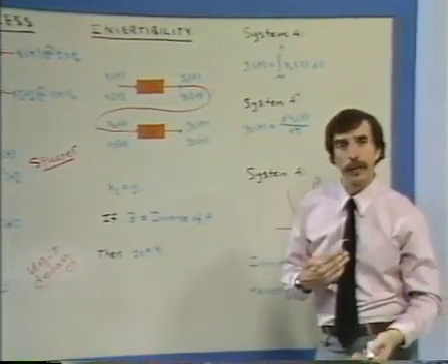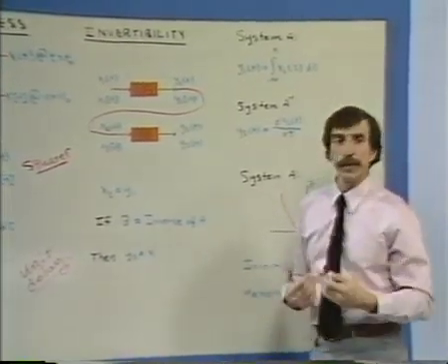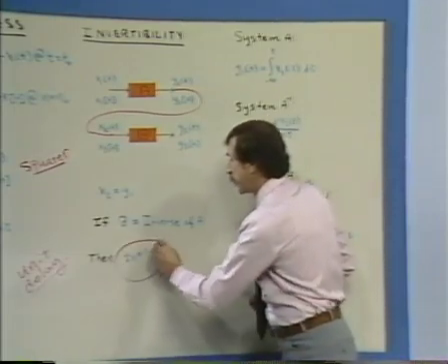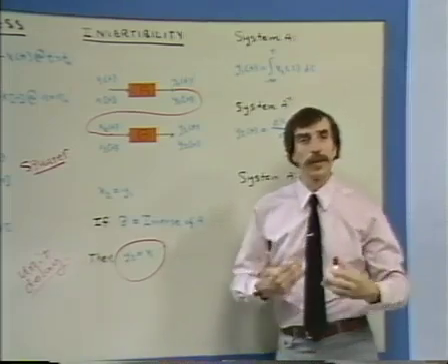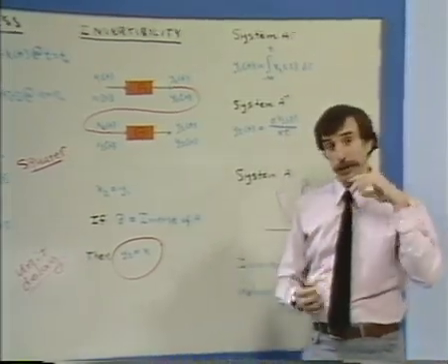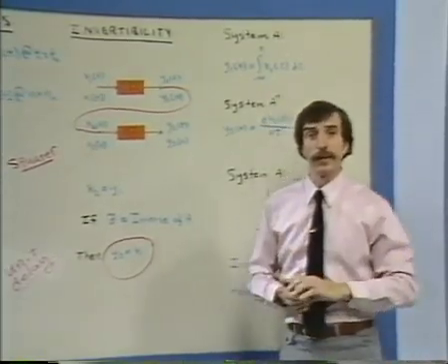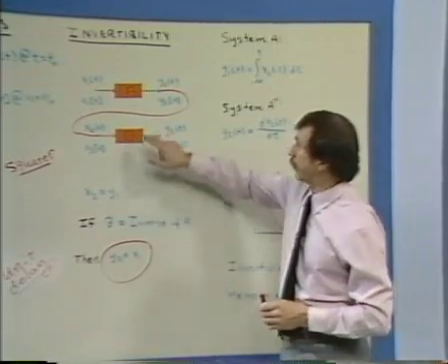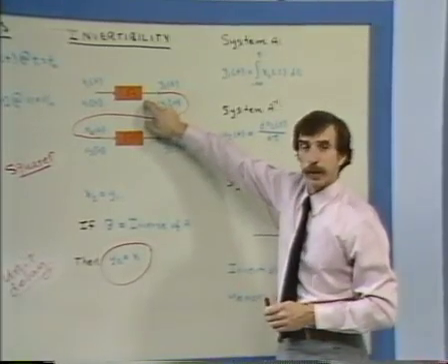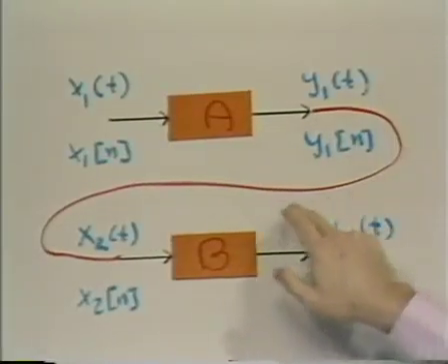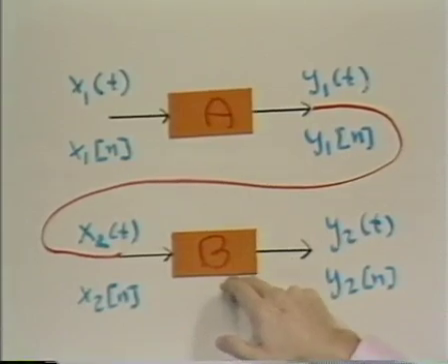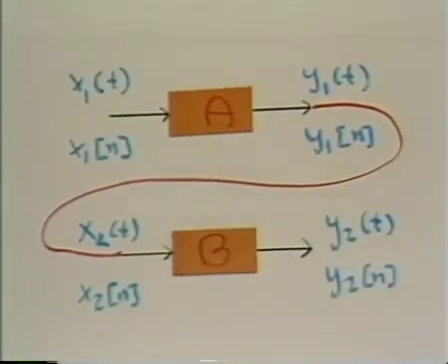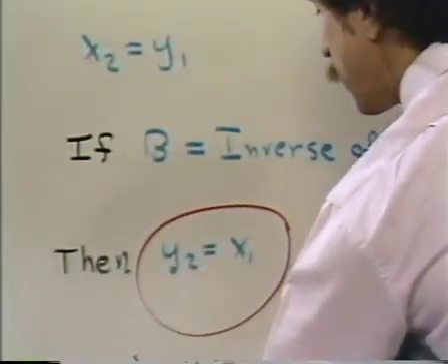And if system A is invertible and system B is its inverse, then the consequence is that the output of system B is equal to the input of system A. Now, I know there are a lot of inputs and outputs and inverses in there, but essentially what I've just said is that if we have system A and it's invertible, and if we cascade it with its inverse, system B, then the overall cascade of these two systems is simply what's referred to as the identity system.